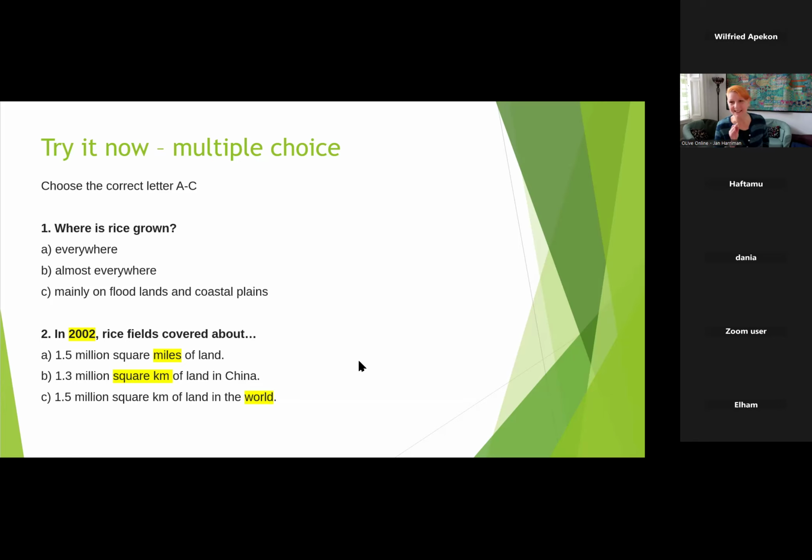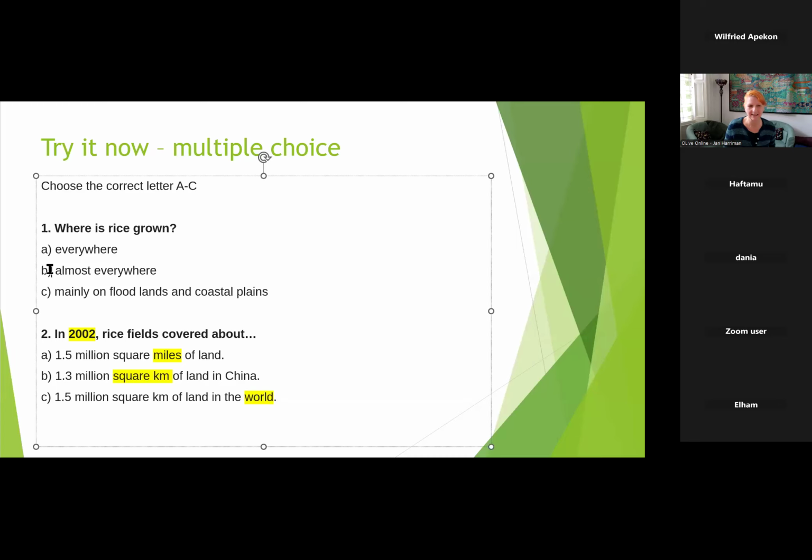So this is the skill that you need to build between now and the exam: looking at those questions, knowing what to look for in the document. Well done, Ellen. Good job. Any questions on that? Do you understand why B is the correct answer?